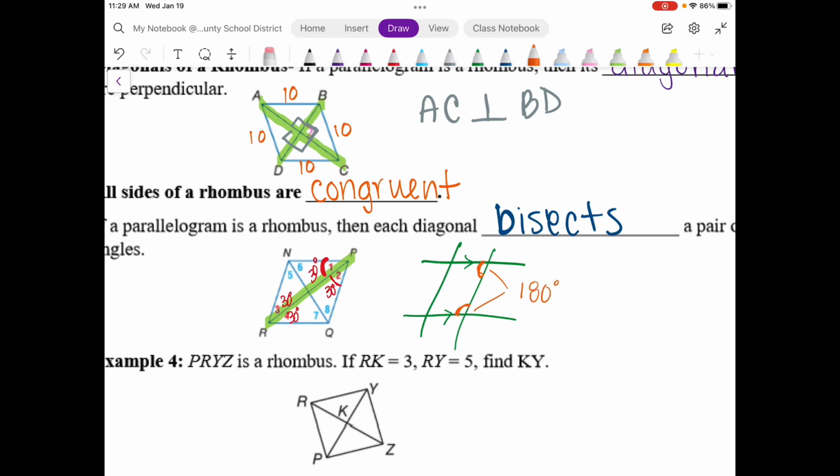So if I'm using this example, 30 and 30 would give me 60. So if I asked you to find this missing angle here, I would subtract 60 from 180 and get 120. Okay? And then again, if I'm talking about a rhombus specifically, these had to add up to 120. That means each of them would be 60 and 60 because they're cutting each other in half.